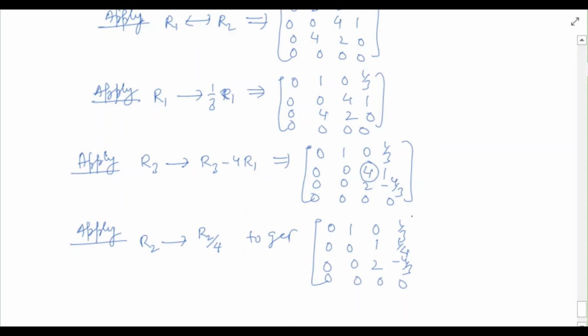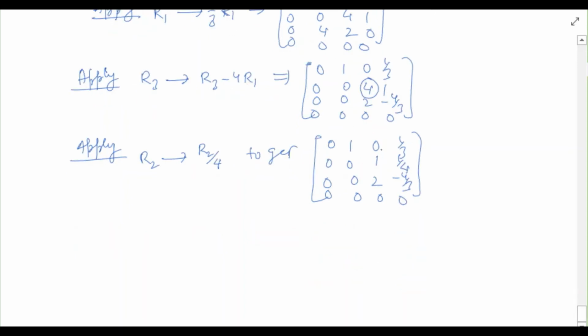Now we see that again the third column, which is a pivot column, is not a standard unit vector.